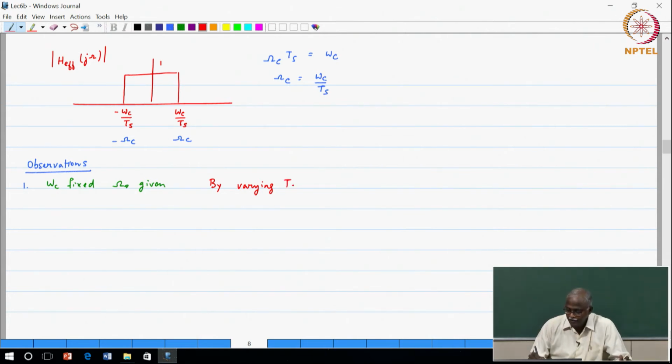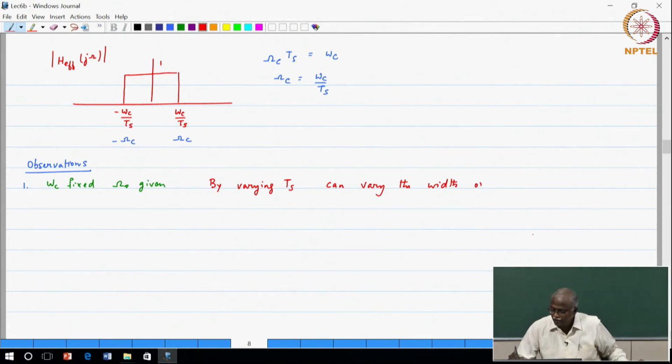By varying Ts, we can vary the effective bandwidth, the width of the low pass filter, because the width depends on Ts. I get to choose Ts.